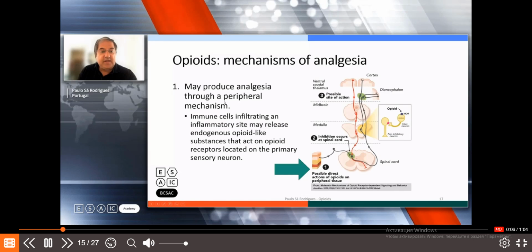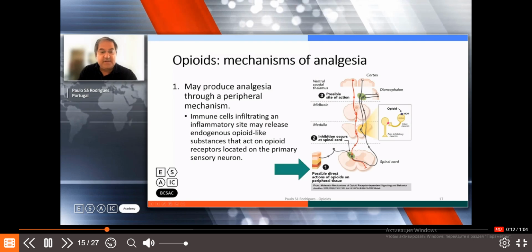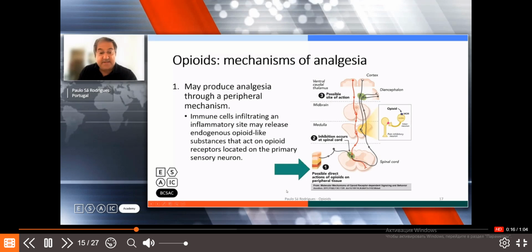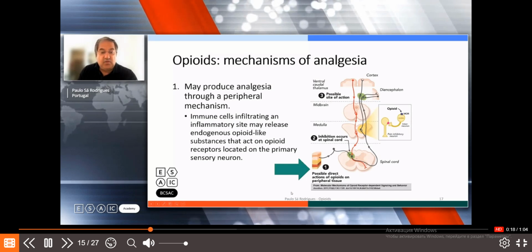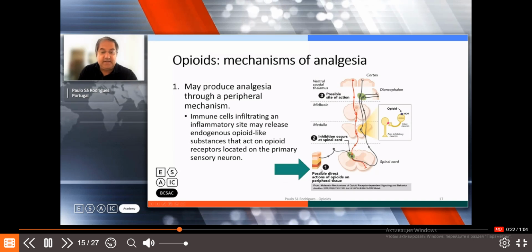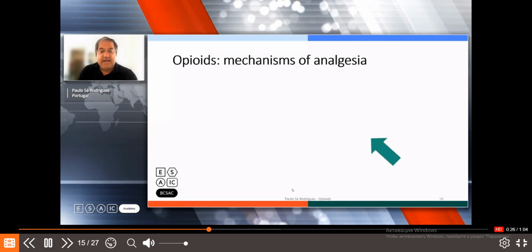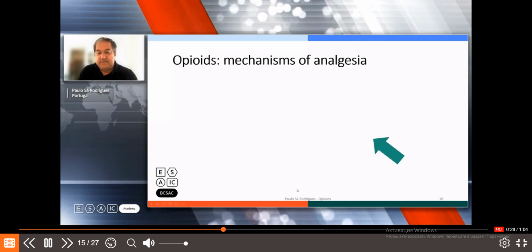So how does analgesia come about? Opioids may produce analgesia through peripheral mechanisms, so immune cells infiltrating the inflammatory sites may release endogenous opioid-like substances that may act on opioid receptors locally, located primarily on the sensory neuron.